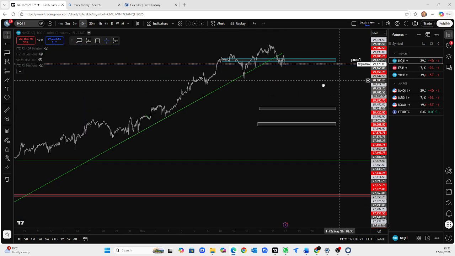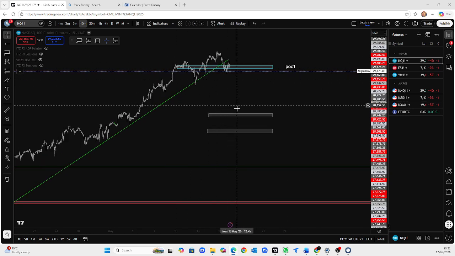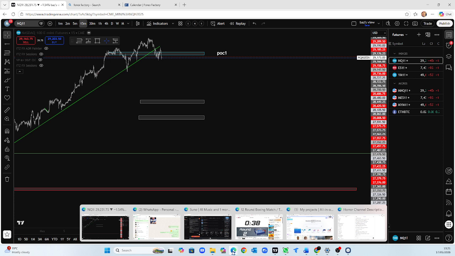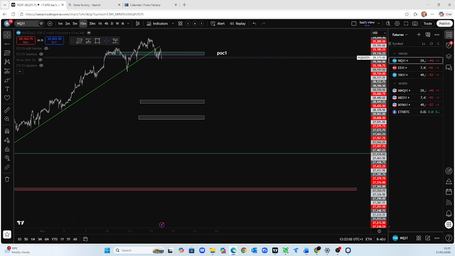So my bias for the NQ is bearish for now. Obviously, as time goes on, everyone, if you know how to trade, you know that you can't stick with a bias. You have to adapt. Actually, my trading has become very simple. I actually don't trade big trades anymore.